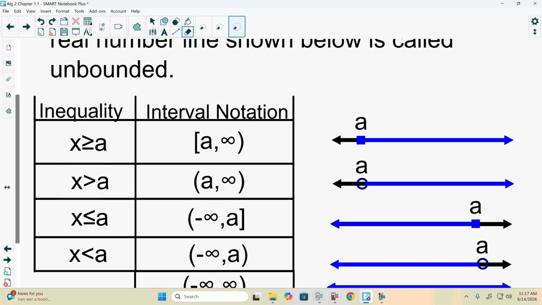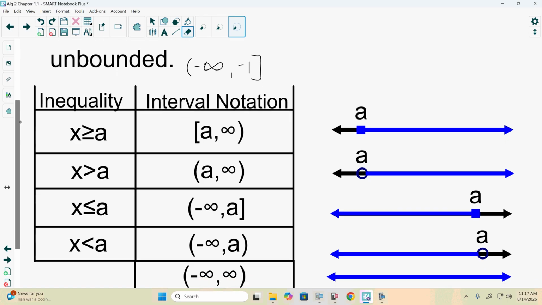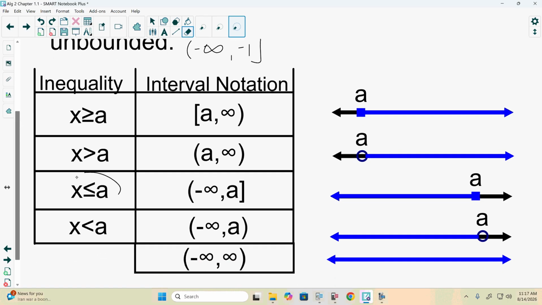Our first part is this statement here, yes? Which of those four interval notations does this match to? The third one, yes? Which means its inequality form is going to come in the form of X less than or equal to A. But what is A?